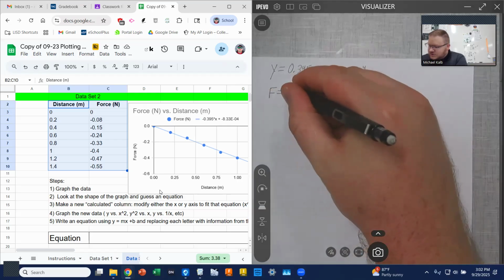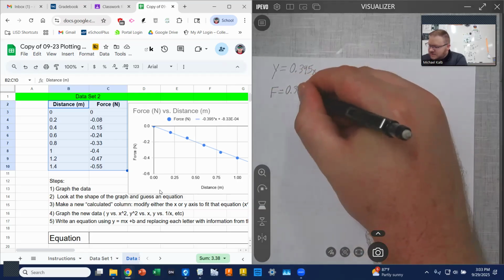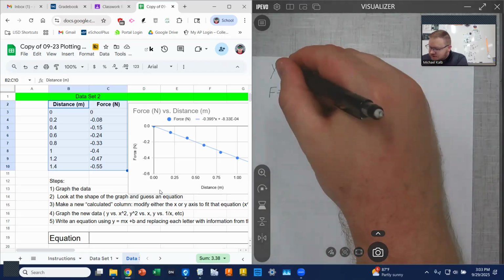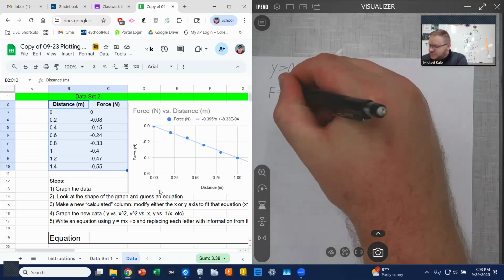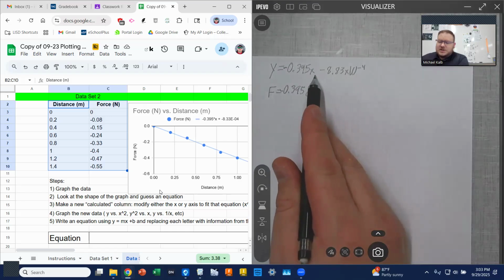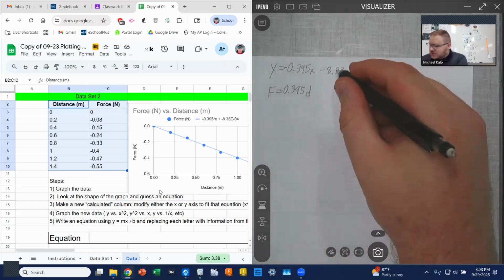So you've got force equals 0.395 times distance. Oh, negative. Missed that negative sign. Negative 0.395 times distance. And this is so small compared to everything. Imagine shifting this decimal place 4 times. I'm going to assume that that's about equal to 0.